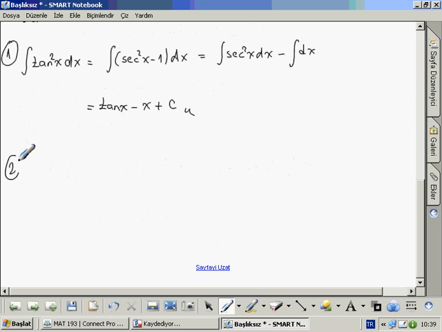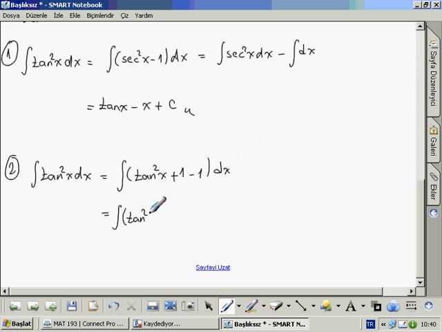And the second method: the integral of tan square x dx equals the integral of tan square x plus 1 minus 1. Nothing will be changed. dx, and it's equal to the integral of tan square x plus 1 dx minus the integral of dx, which equals tangent x minus x plus c.